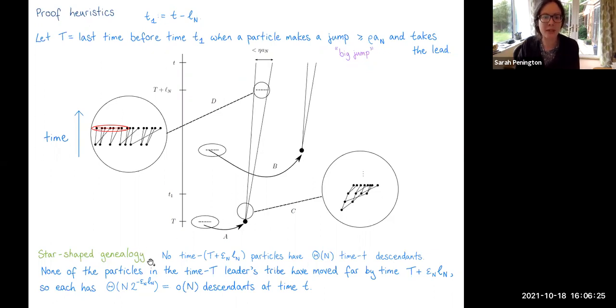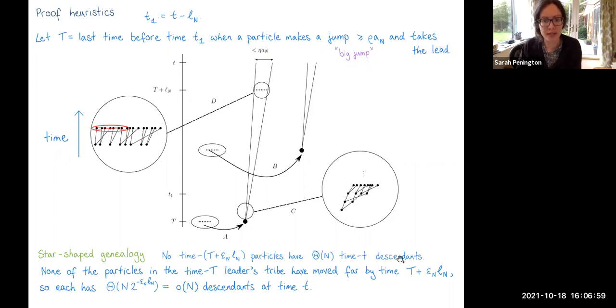That follows if you can show that with high probability, none of the particles at time T plus epsilon n ln, which was the time we wanted, have order of n time t descendants. Because if you can show that, then if you take a fixed number of particles at time t, it's very unlikely that any pair is descended from the same particle at this time.